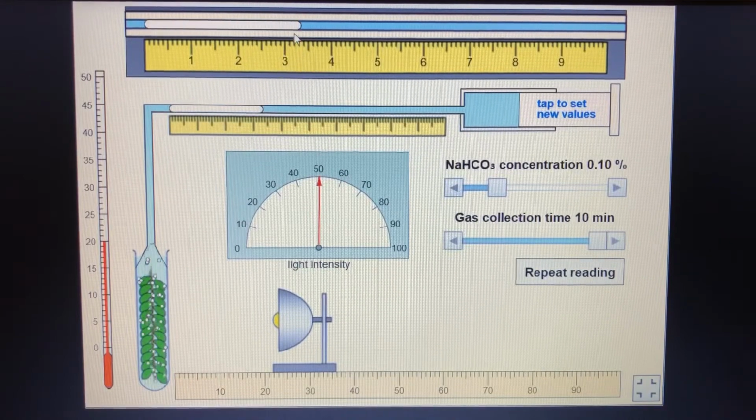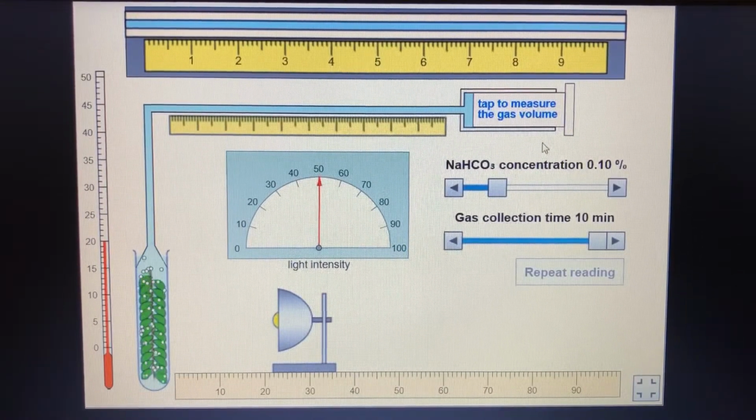Quite a big jump there. 3.3, 3.9 and 3.7. Now notice I'm only changing one variable at a time. We can only have one independent variable going on at any one time, so I've just increased the sodium bicarbonate there to 0.15.